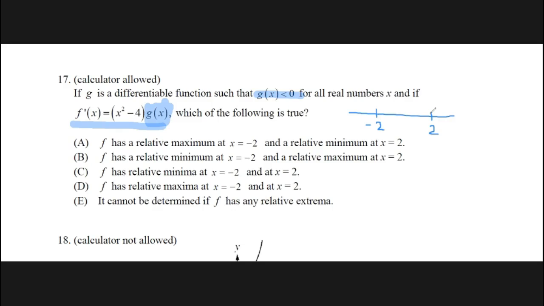Well, those are my zeros. What's happening between them? At 0, it's negative. At 3, it's positive. At negative 3, it's positive. So now, though, everything's getting multiplied by g of x, which is always negative. So this is a positive times a negative, making this negative.